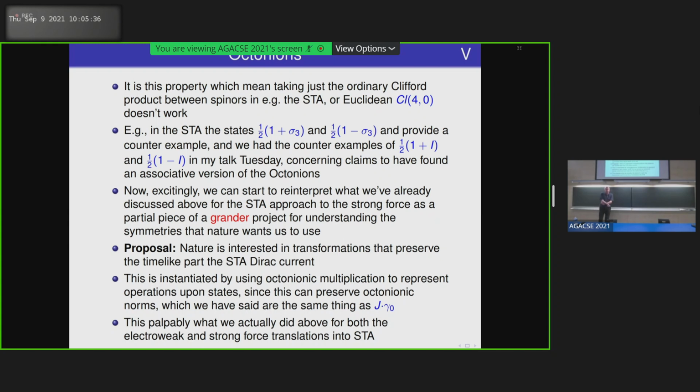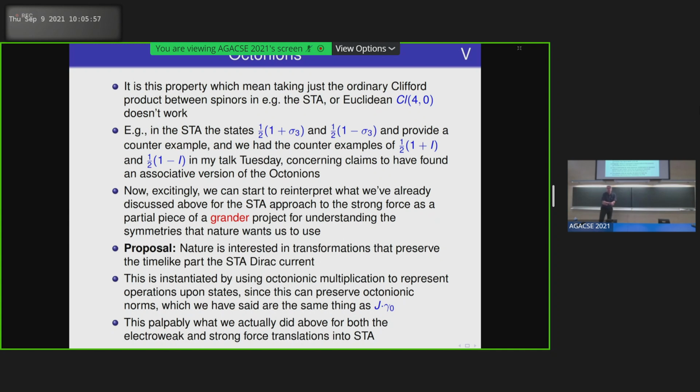And this is going to be instantiated by using octonionic multiplication to represent operations upon states, since this can preserve octonionic norms, and we've just found out they're actually the same thing as the time part of the Dirac current.